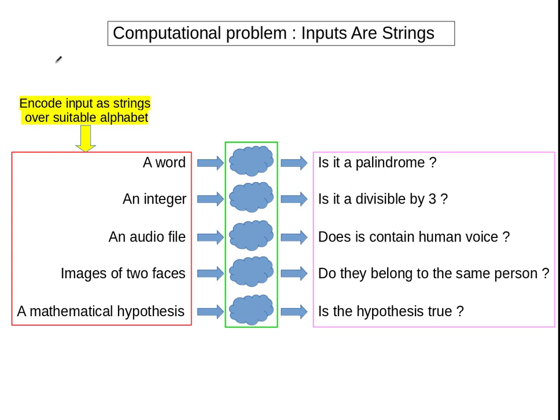So whatever you have here, whether it's an integer or whatever, you need to encode it as strings in order to consider the set of inputs. So your set of inputs will always be a set of strings over some alphabet.